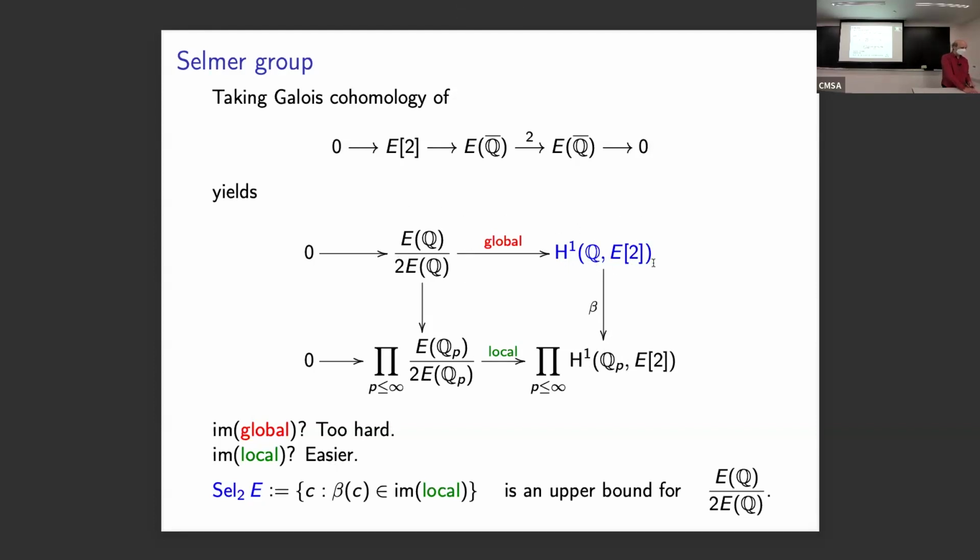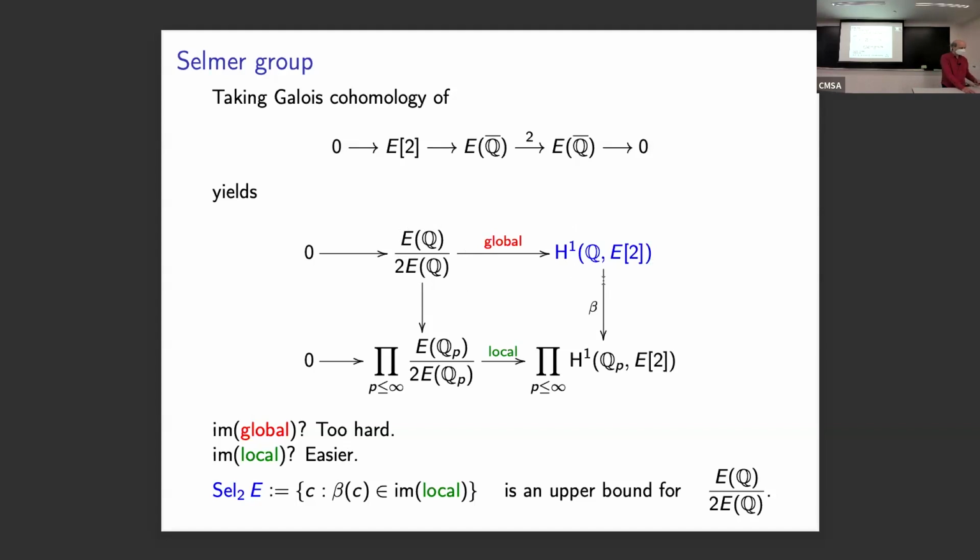And it turns out that, using some classical theorems of number theory, you can prove that this 2-Selmer group is finite and also computable. And so it's a good proxy for this group that we would like to know.